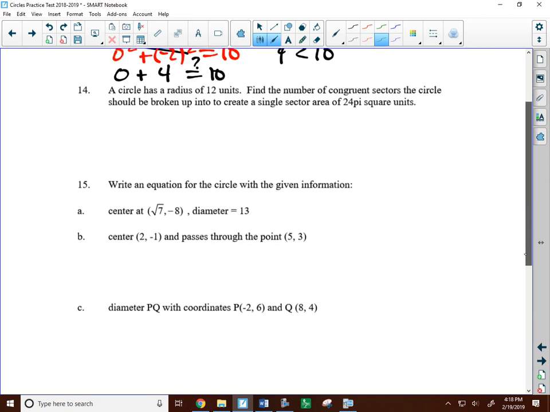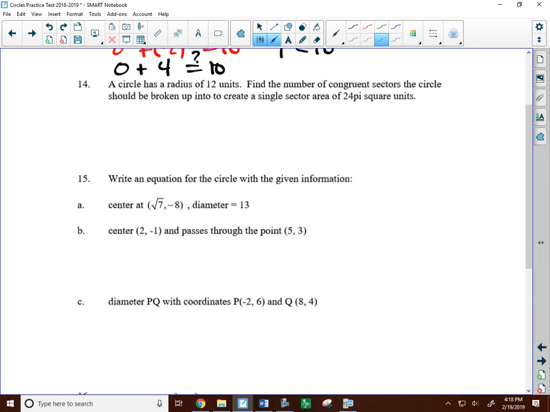14. That's a good one. A circle has a radius of 12. Find the number of congruent sectors you've got to break up the circle into to create one sector area of 24 pi. So what we should be led to is they say sector area. Okay, so area of a sector, that formula, I'm writing that down.